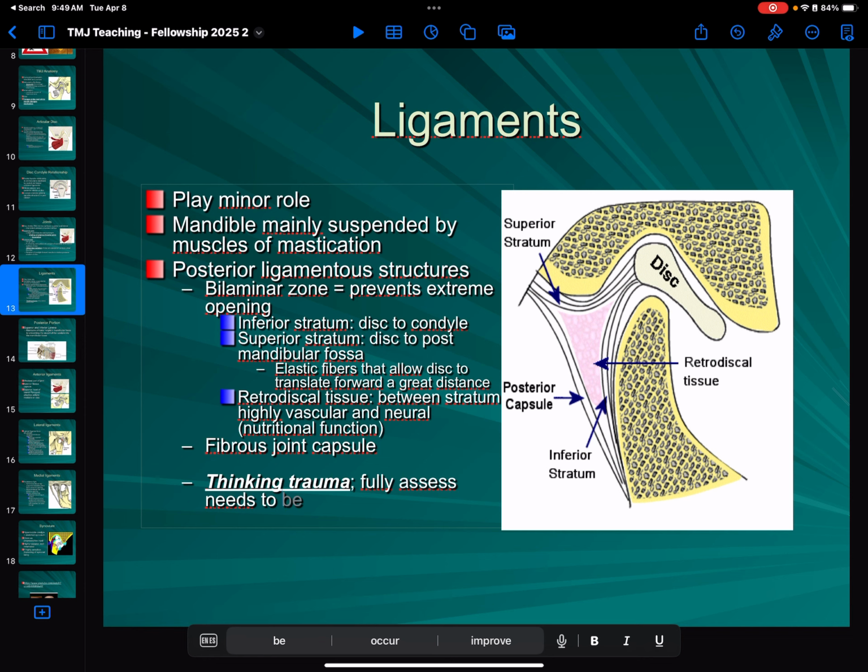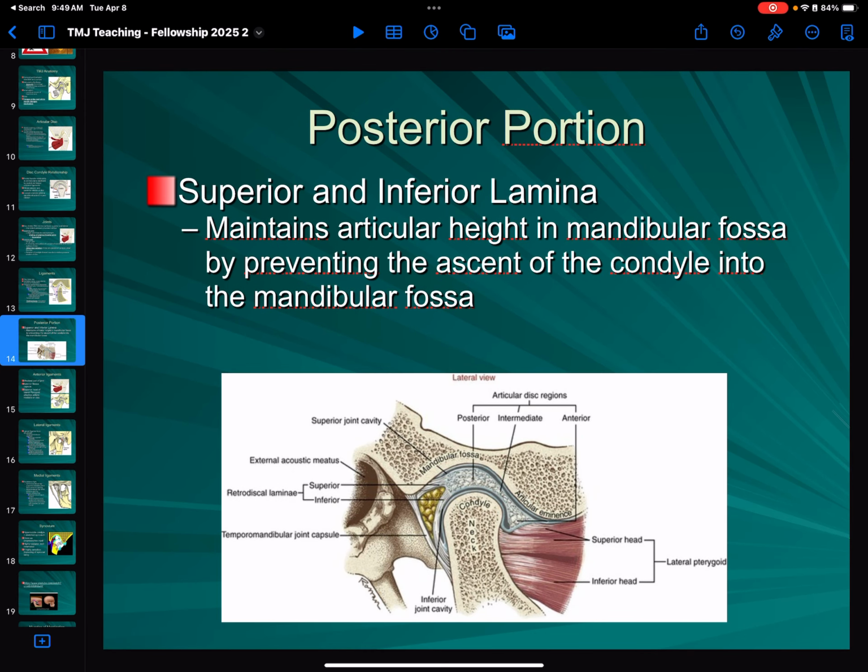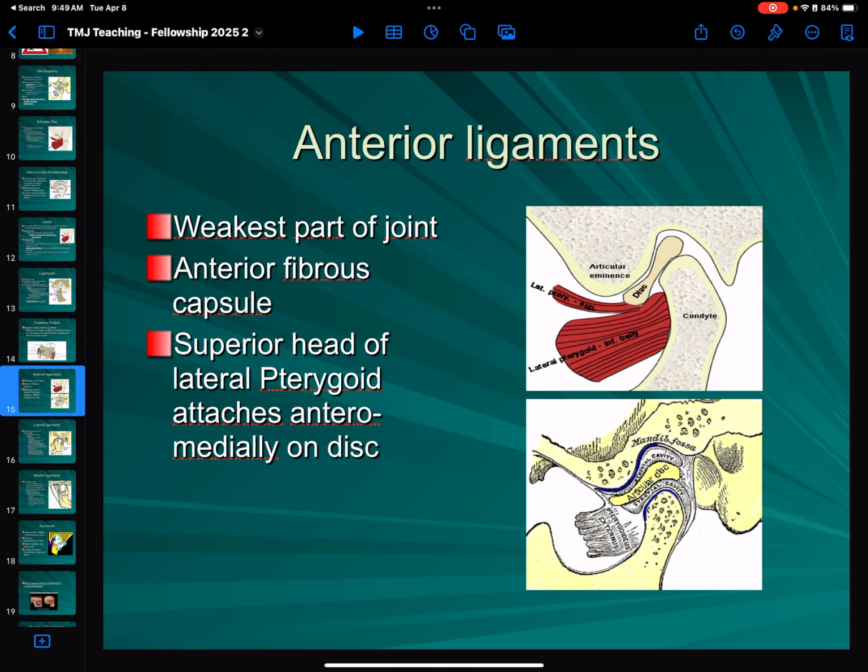So then you've got some anterior ligaments, which is the weakest part of the joint. I don't need to go into much detail there. Lateral ligaments, so you do have what's called the temporomandibular ligament itself. It suspends the mandible, restricts backward movement and lateral movement, and guides opening.